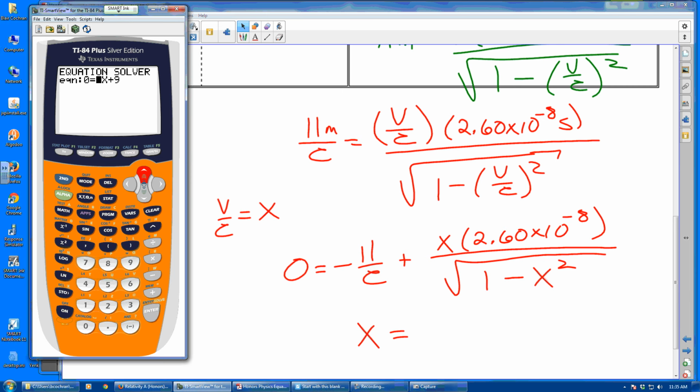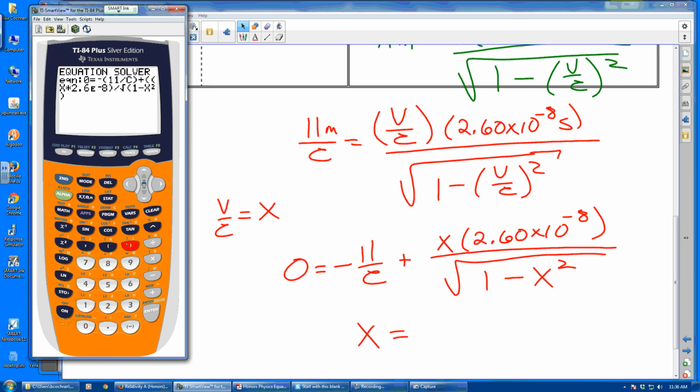So I'm going to do negative, parentheses, 11 divided by, remember I stored C in my calculator, C, plus, I'm going to use a lot of brackets, X times 2.6 to the negative 8, divided by square root, 1 minus X squared.